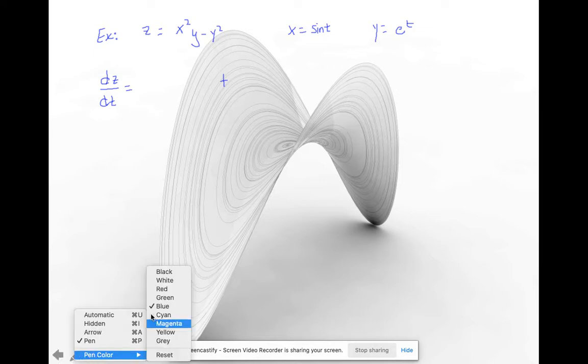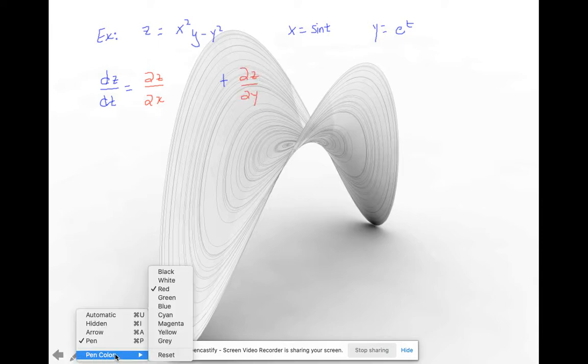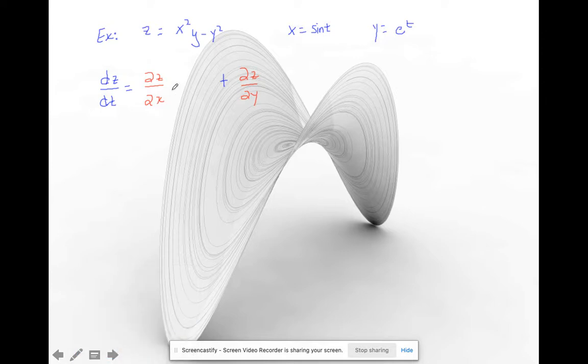So I have to take partial z partial x, and I do have to take partial z partial y, but each one of those has to be multiplied by dx dt and dy dt. Yes, I know this is d and that's partial and that's del. That's okay.